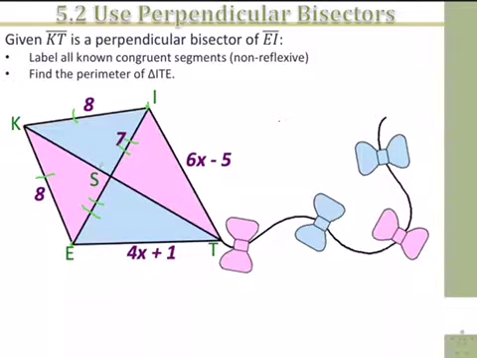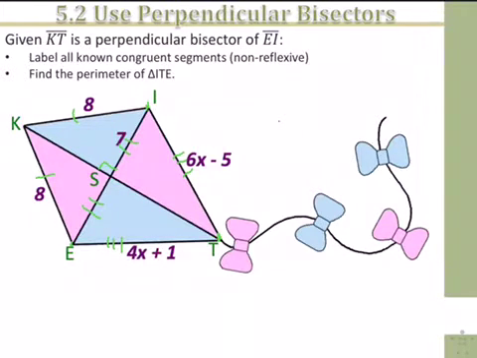We also know this is a right angle. We weren't asked about that, but okay. And then it looks like T is also on the perpendicular bisector of IE, so ET and IT are congruent as well.